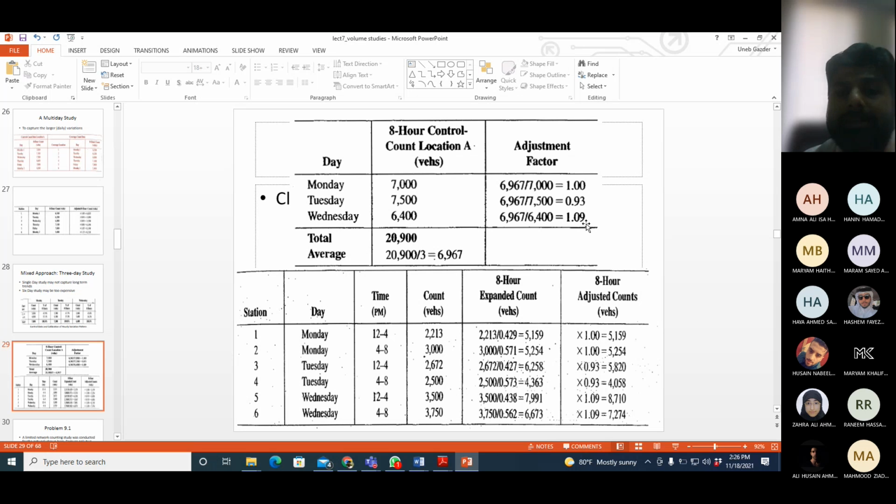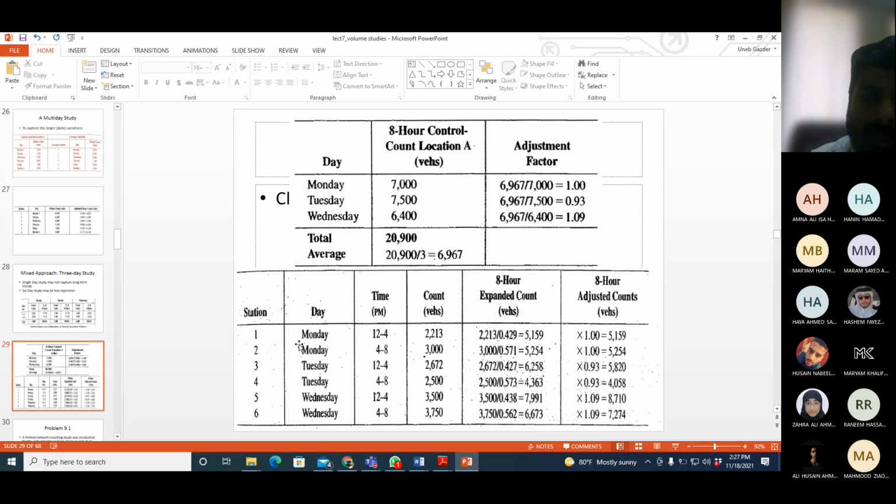Now, in the second table on the slide, you see the data taken from the coverage count locations. The first 4 columns represent the location, the day on which the data was taken, the time at which the data was taken, and the count which was observed in that time and day.